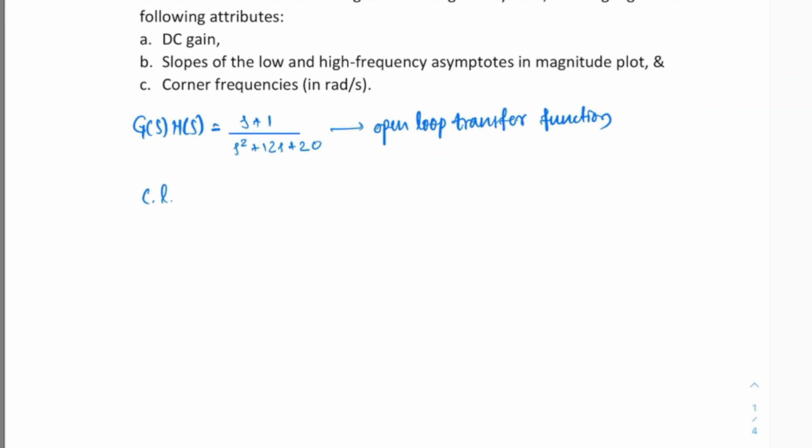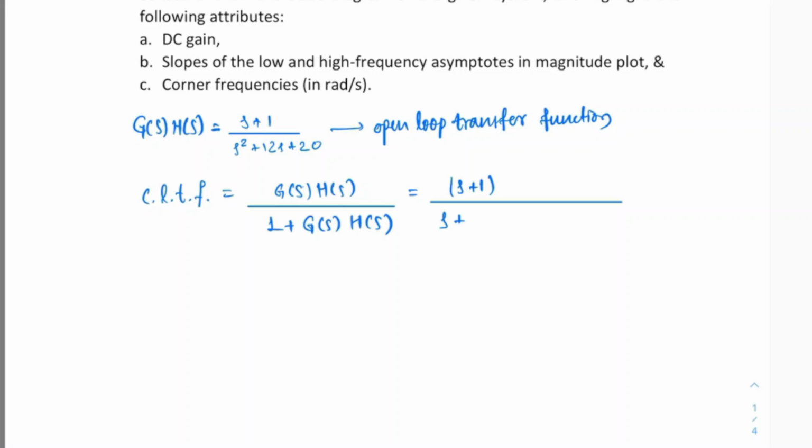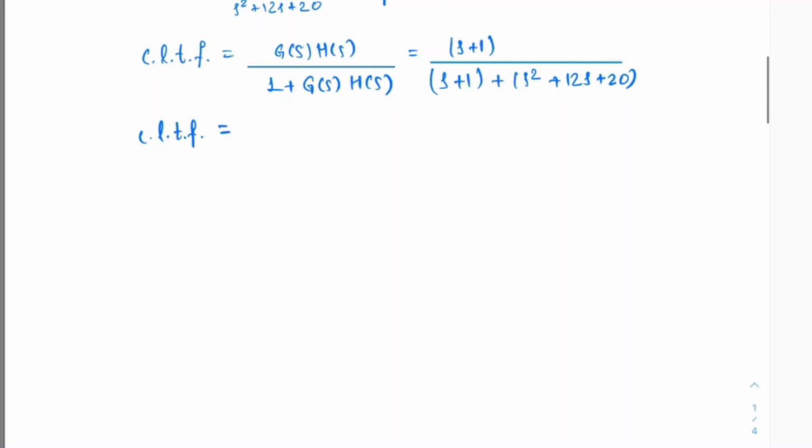So the closed loop transfer function would be G of s H of s over 1 plus G of s H of s, which becomes s plus 1 in the numerator and s square plus 13s plus 21.